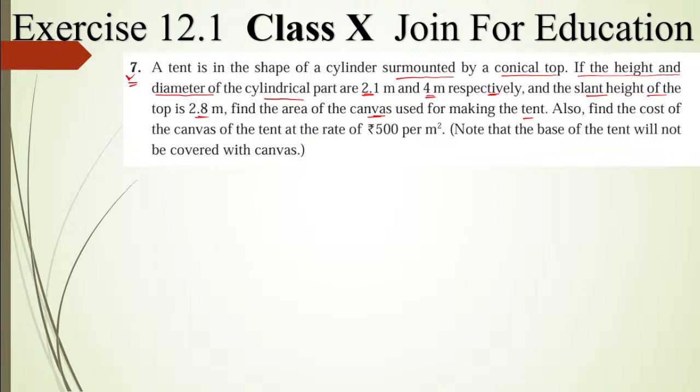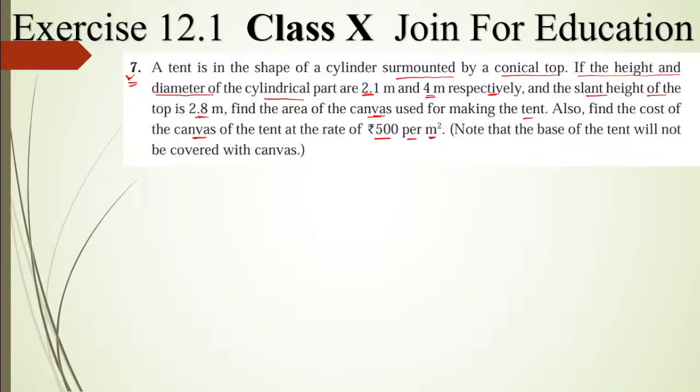Also find the cost of the canvas of the tent at the rate of rupees 500 per meter square. So this question has two parts. The first part asks what is the area of the canvas, and the second part asks what is the cost of the canvas.